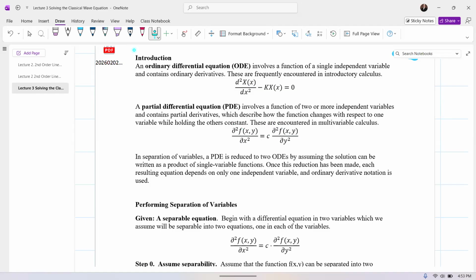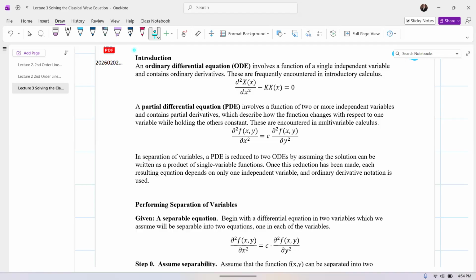The separation of variables procedure is when you attempt to take a partial differential equation and separate it into two independent equations that you can work with separately. So how can you do that? Not all of them can be done like that, but sometimes you're lucky enough and you can, and when you can, that's great, because it means you can just go ahead and solve using things that you already know how to do.